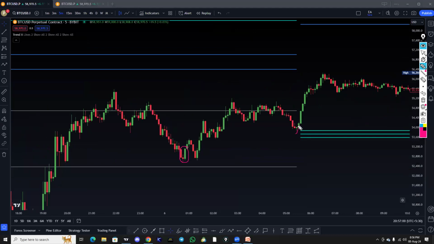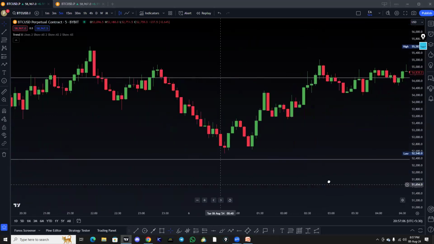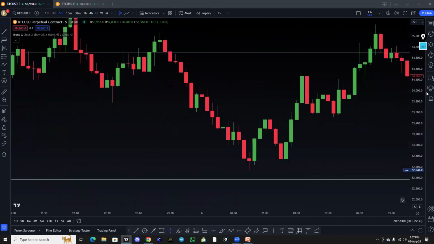This is a hammer. I'll just zoom it. Okay. You will get a clear vision. Okay. See, this is a morning star. Correct. We have one doji and one green candle. So this is one pattern now. Correct. This is one pattern.